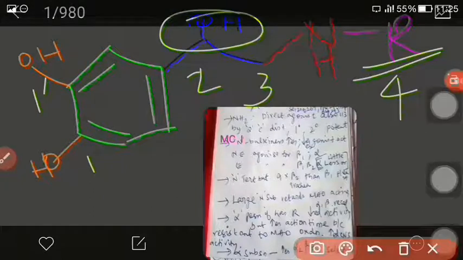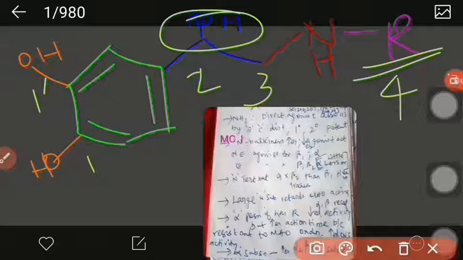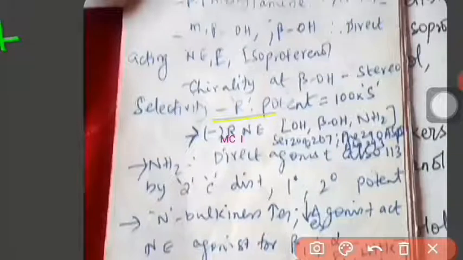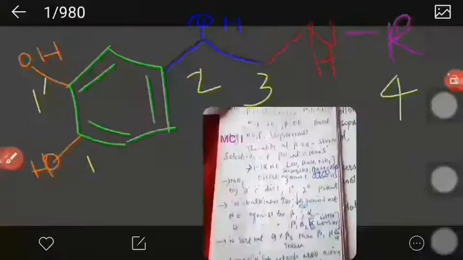And this beta hydroxyl group must be the R isomer, so that it gives higher potency than the S isomer. So we shall verify what is being given. It must be the R isomer, and it is 100 times more potent than S.